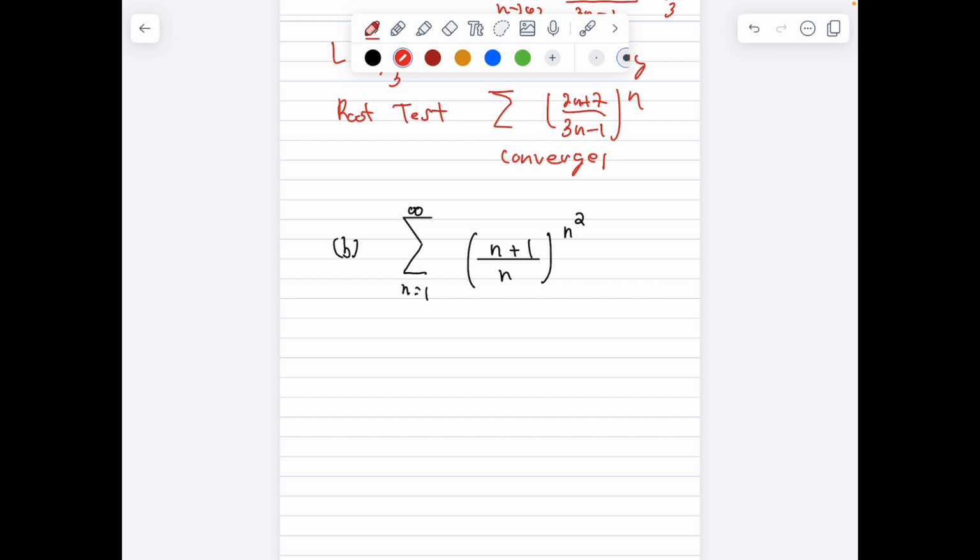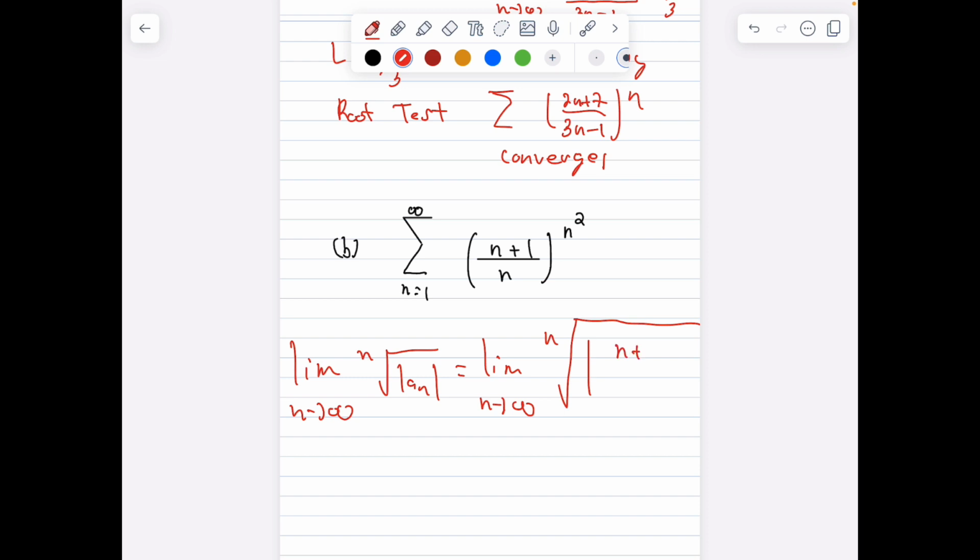All right, so for the next series, we have the series from 1 to infinity of n plus 1 over n, to the n squared. We're doing the same thing. Now for this one, the computation is a little more involved, so that's why I also wanted to bring that in. And it's, in my opinion, mainly with the limit. So the nth root of the absolute value of n plus 1 over n to the n squared.